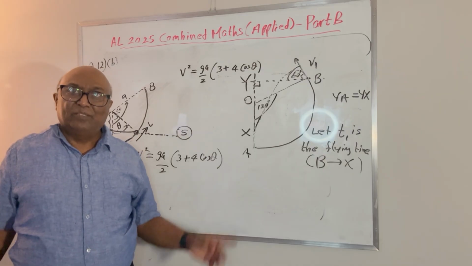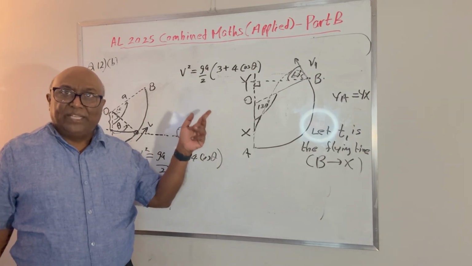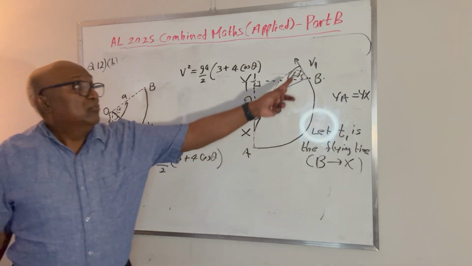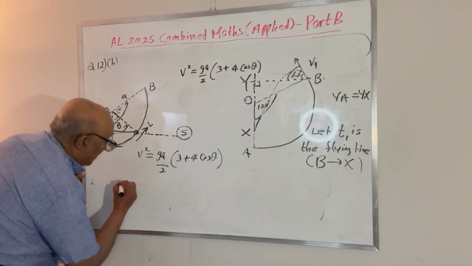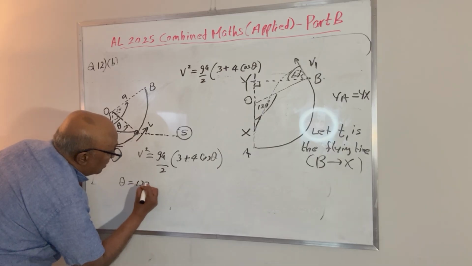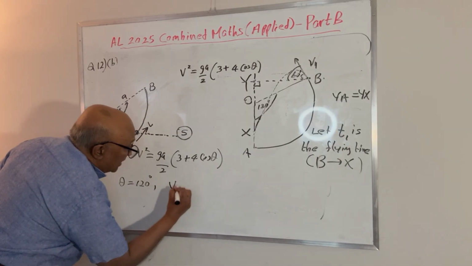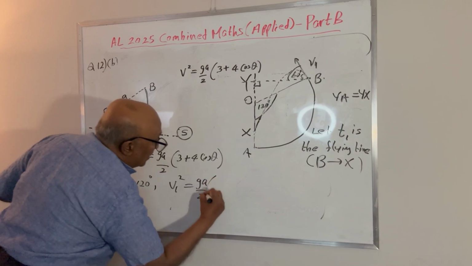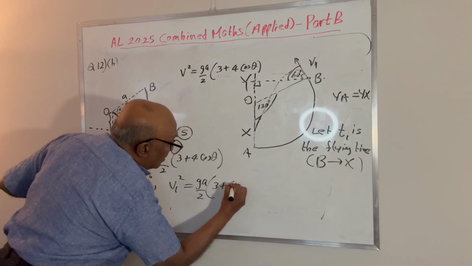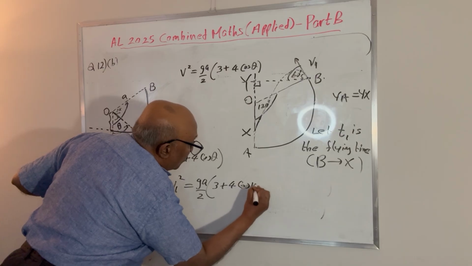Using the result obtained from the previous part, we can deduce the velocity V1. Then we apply theta equal 120. V1 squared equals g upon 2 times (3 plus 4 cos 120).